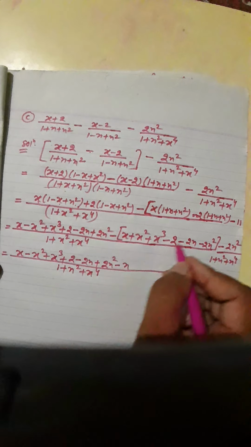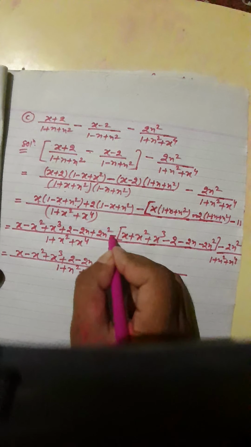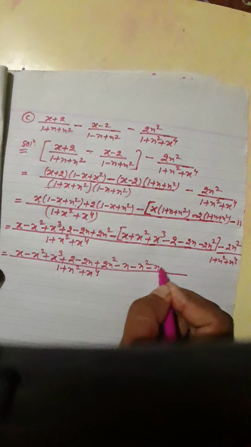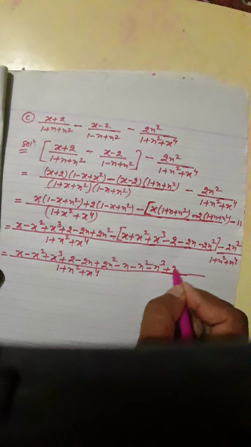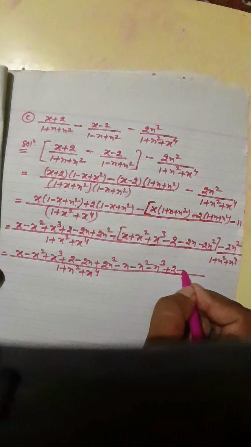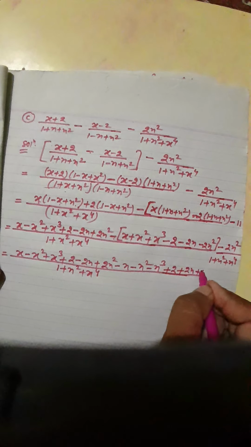Now minus all multiply there inside: minus plus minus x square, minus plus minus x cube, minus minus plus this 2, minus minus plus this 2x, minus minus plus this 2x square.